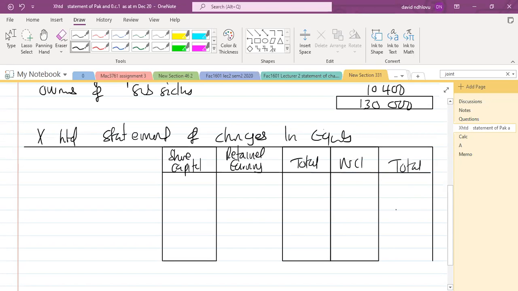So we need to highlight column by column the different items of equity that we have. NCI is a form of equity. Those are investors in the company, and therefore they give us equity. Any financier who finances a business and we don't have a requirement to pay back the money is equity. Then we're going to say balances at the beginning of the year.